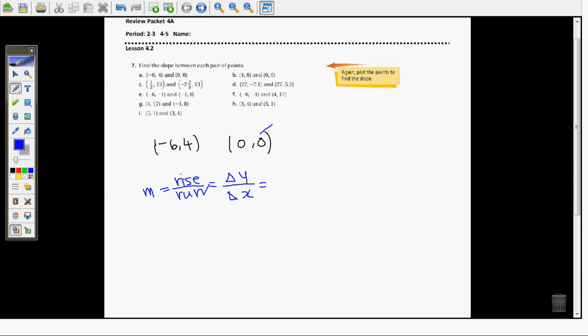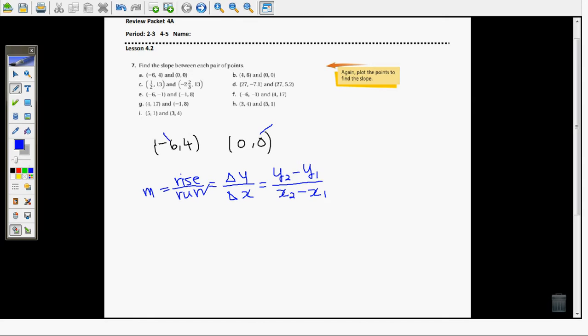That actually means y sub 2, which is the second y, minus y sub 1, which is the first y, over x sub 2, the second x, minus x sub 1, which is the first x. So what's the first x and what's the first y?